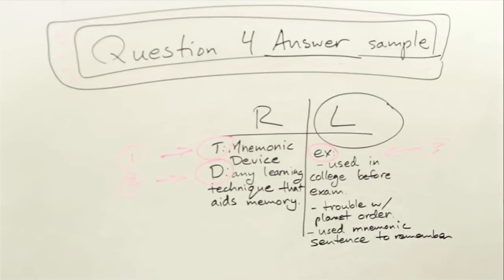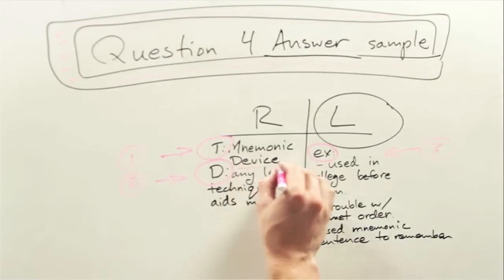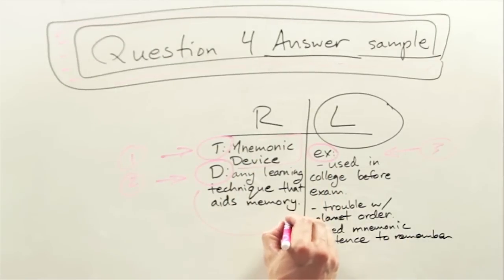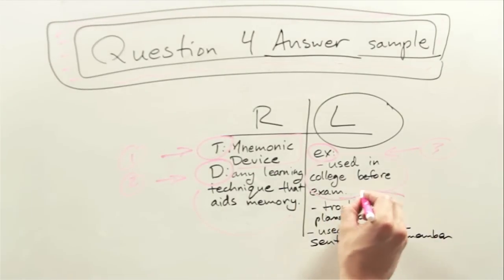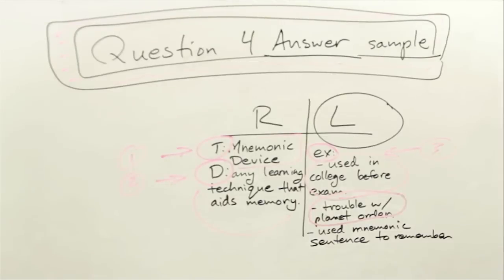The reading discusses the topic of mnemonic devices. This is a technique to aid in memory that uses poems, lists, and sentences to help remember information. The lecture illustrates mnemonic devices by giving an example of a mnemonic device that the professor used in college. The speaker gives the example of a time when he was taking a course in college about astronomy and planets.